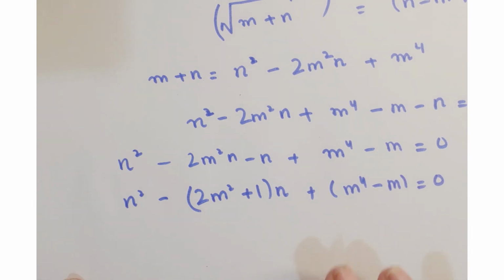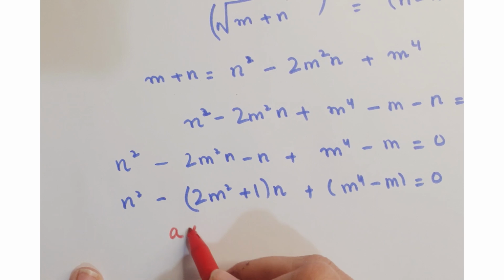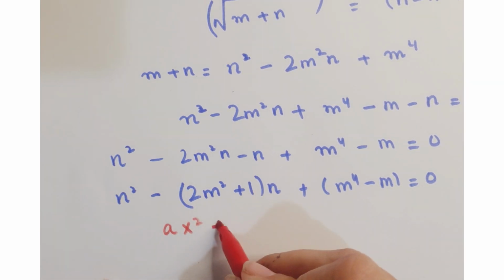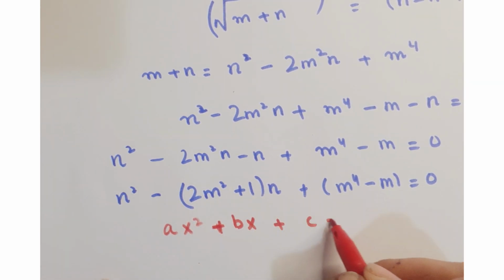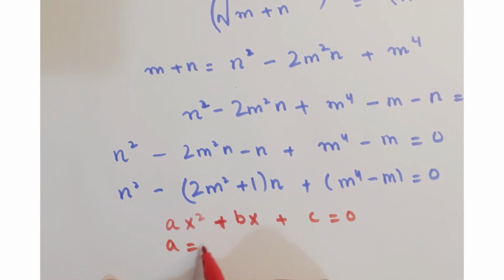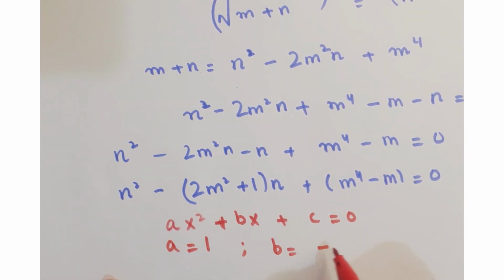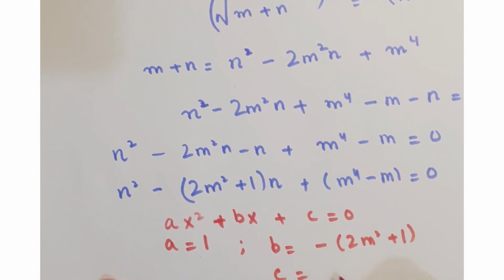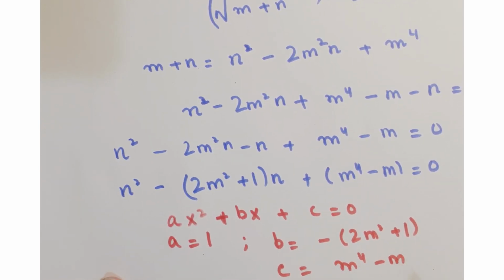Now comparing this equation with the standard quadratic equation, that is a x square plus bx plus c is equals to 0, we have a is 1, b is minus (2m square plus 1) and c is m to the power 4 minus m.